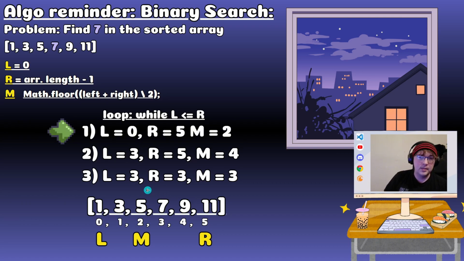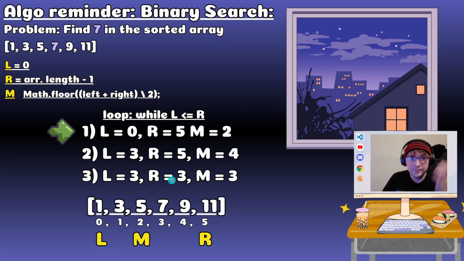Or it's the opposite, where the middle pointer is actually bigger than the number we're looking for. In that case, we would take the right pointer and move it to the left of the middle pointer. And so we're basically just going to be moving left and right over and over again to the sides of m until we find the number that we're looking for.